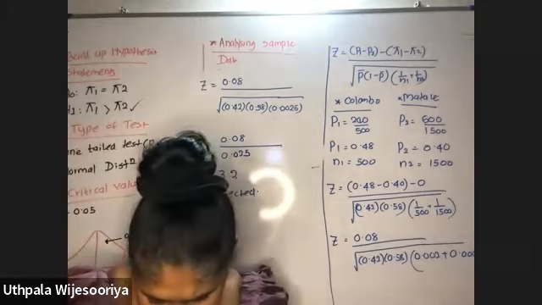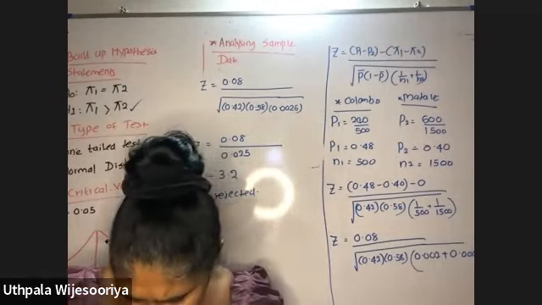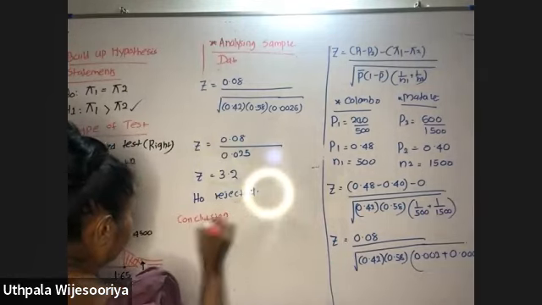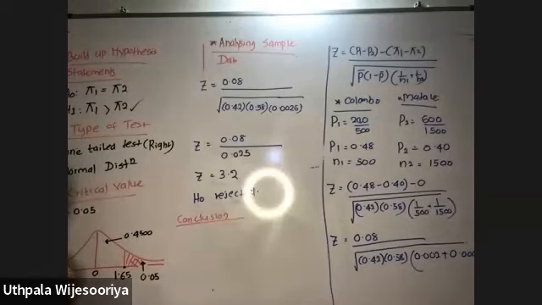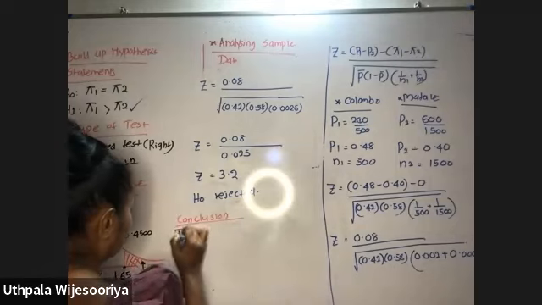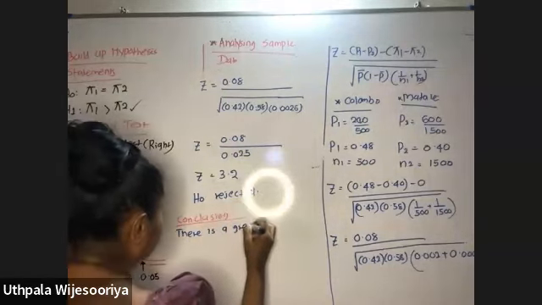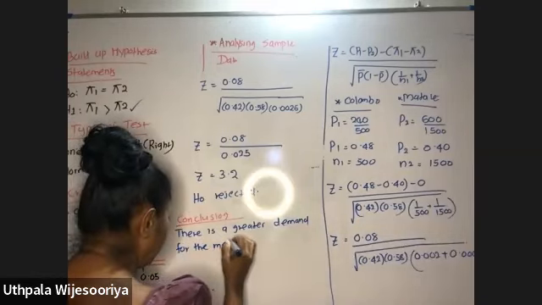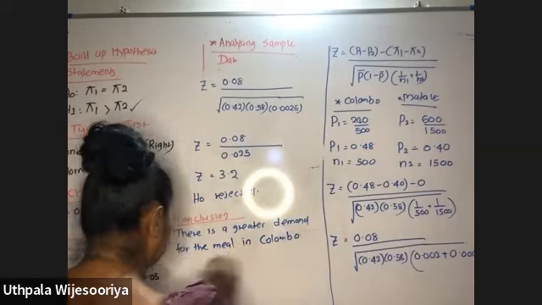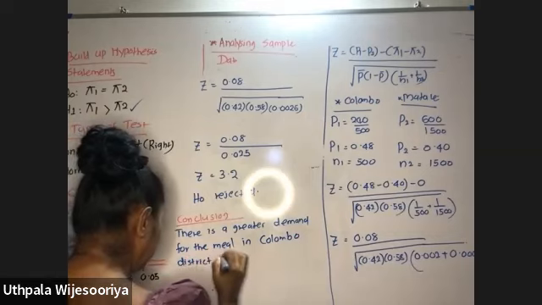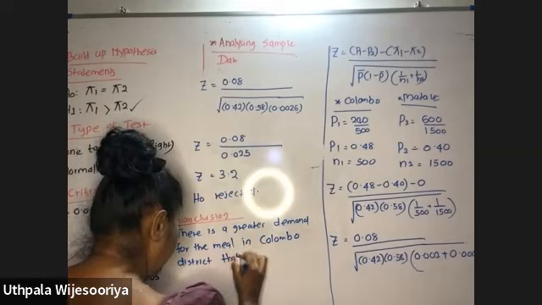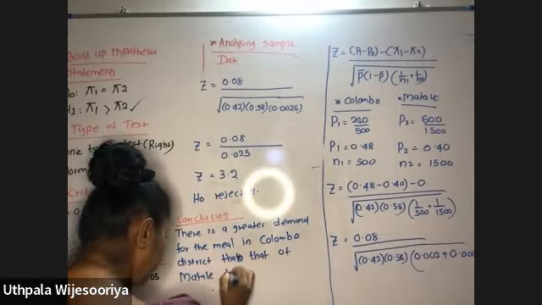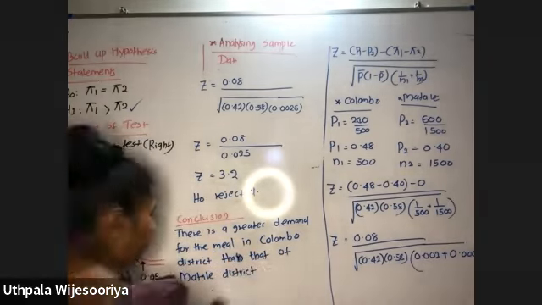So what does this say? There is a greater demand for the meal in Colombo district than that of Matale at 5% level of significance.